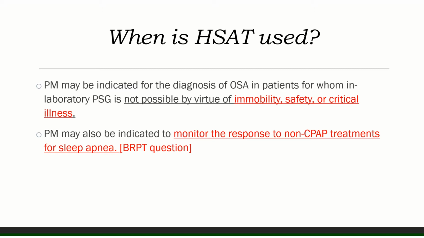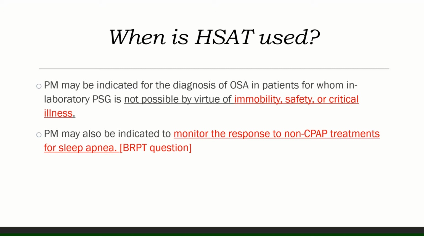What are non-CPAP treatments for sleep apnea? If the patient doesn't want CPAP, or the patient is on CPAP and I'm not going to say it didn't work, but let's say CPAP wouldn't work out for the patient. What would we do? What are the options? Well, we can have surgery. We can do the oral appliance.